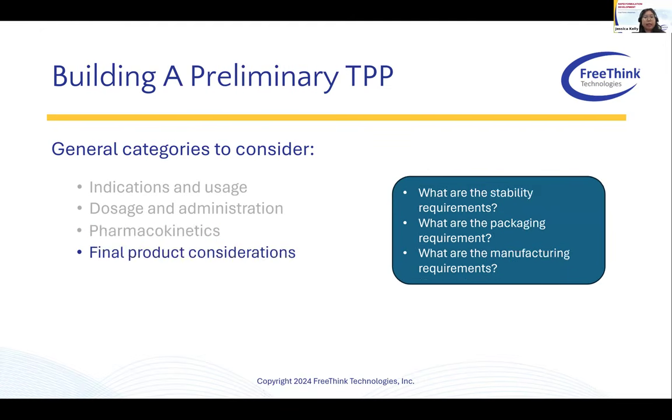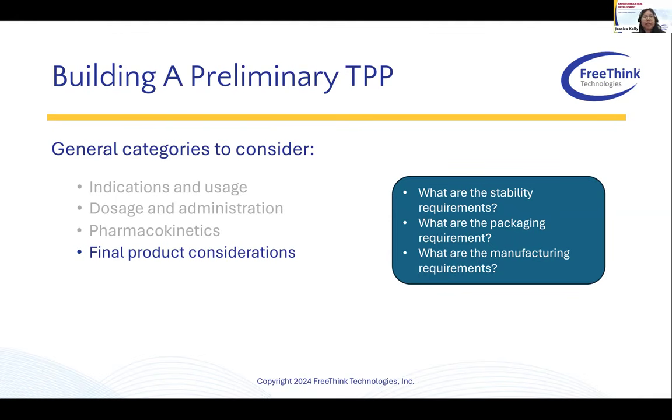And finally, we might consider the final product considerations. So things like, what are the stability requirements? And often stability requirements will differ for each of the climatic zones. What are the packaging requirements? So we can think about packaging with respect to stability, but we may also need to think about packaging in regards to what the patient population is.